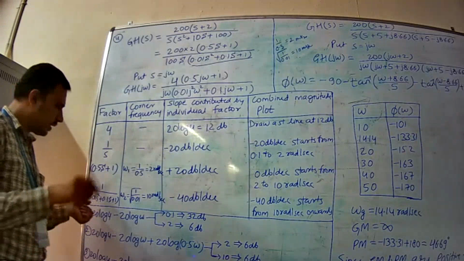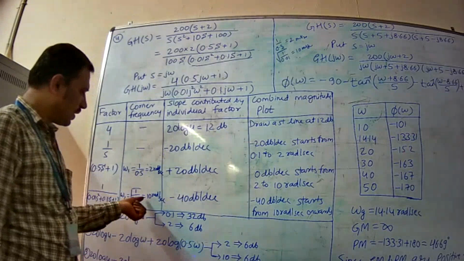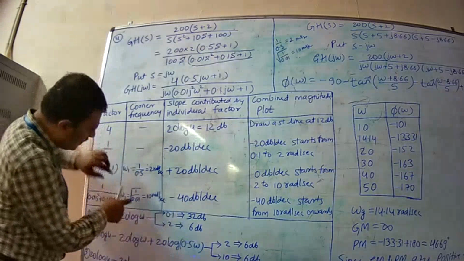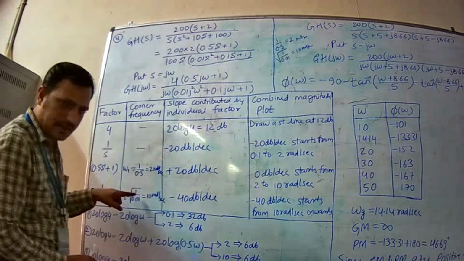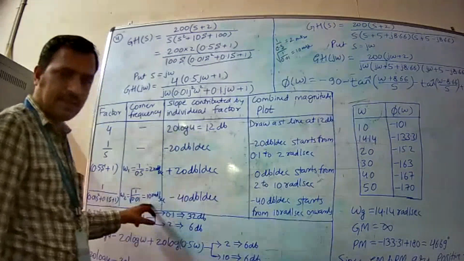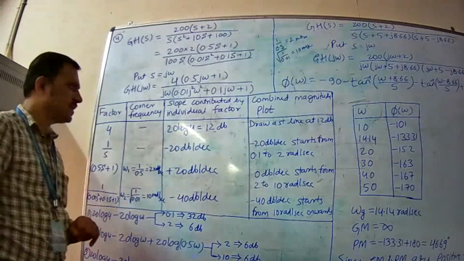So 1 divided by 0.01 is 100, and the square root of 100 is 10. Hence the corner frequency is 10 radian per second.